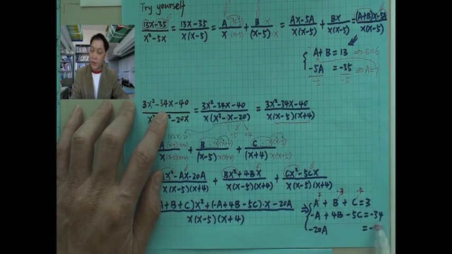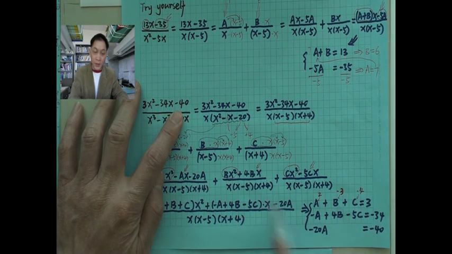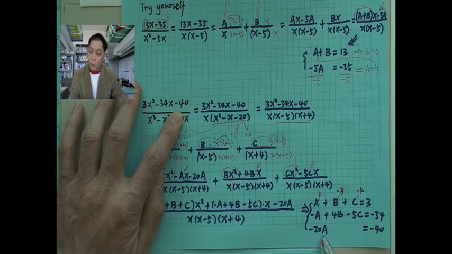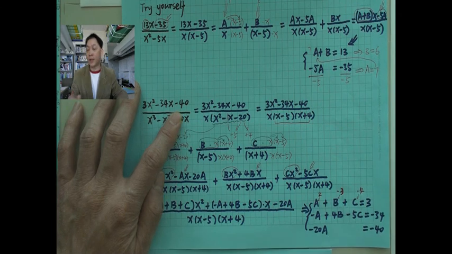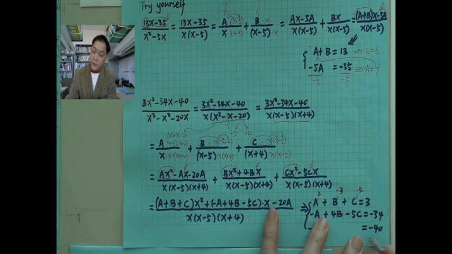So that's why we have the second equation. Third one, negative 20a has to be negative 40. So you see negative 20a is negative 40, divide both sides by negative 20.